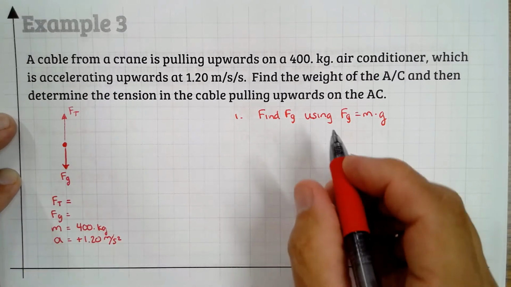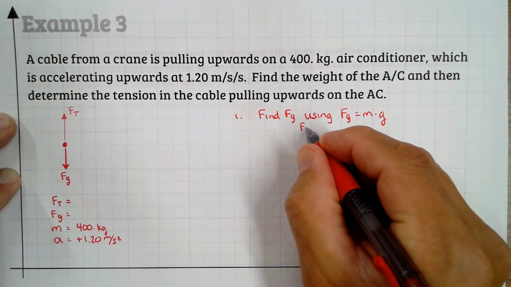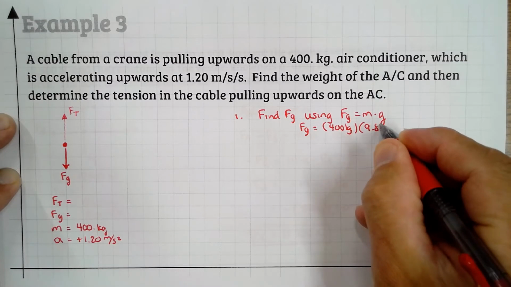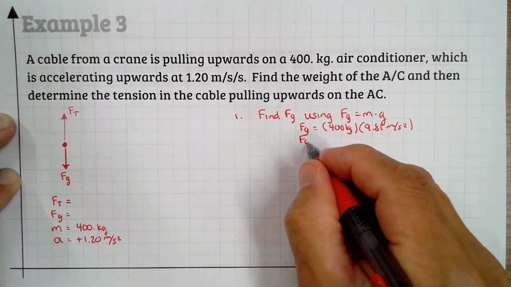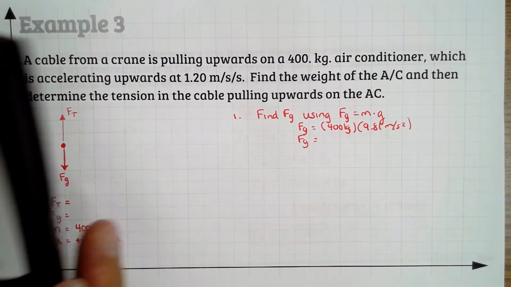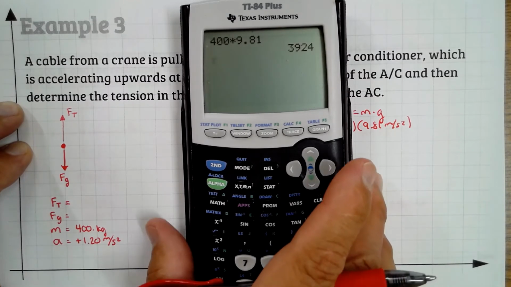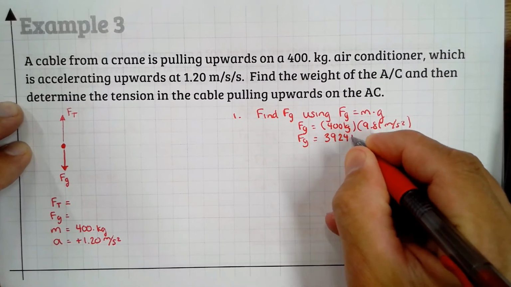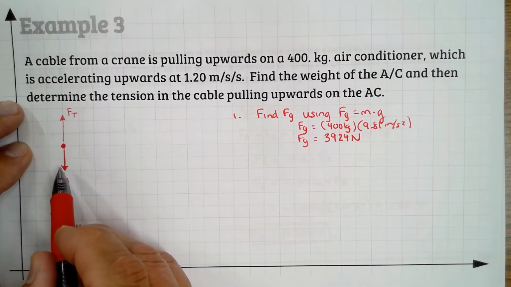So in this case, the weight, F sub g, equals the mass, 400 kilograms, times 9.81 meters per second squared. So the weight equals, you can put that in your calculator. So I'm going to put 400 times 9.81, and that's 3,924 newtons is the weight. Okay? And that, of course, acts downwards. We have that in our diagram over here.